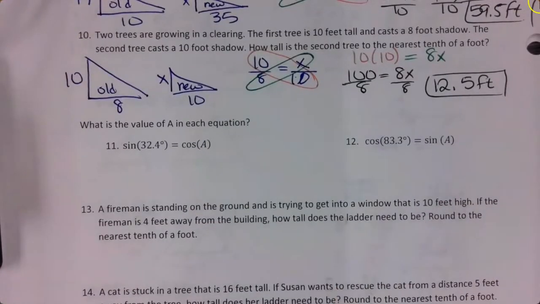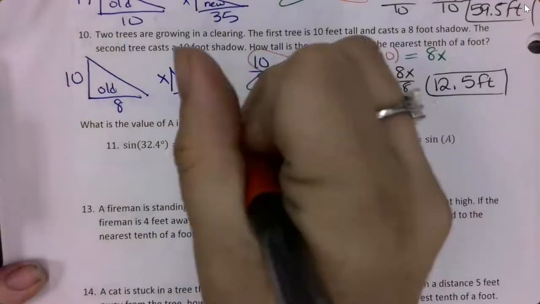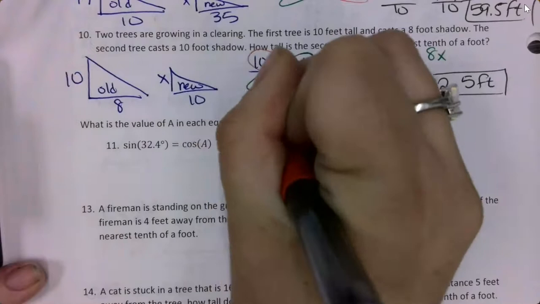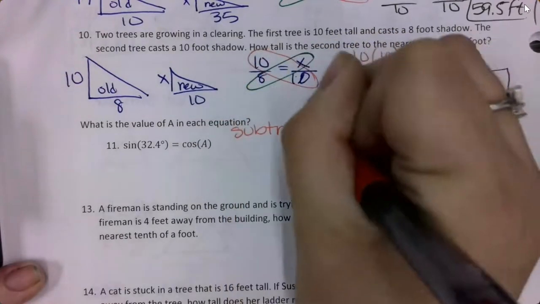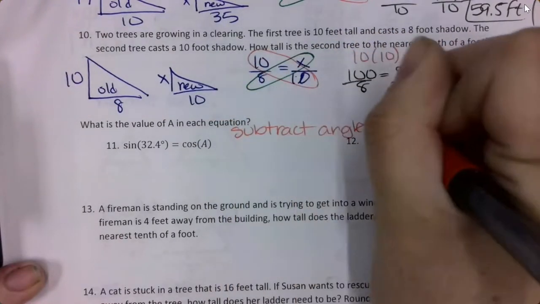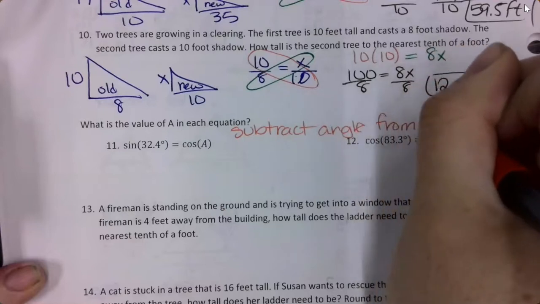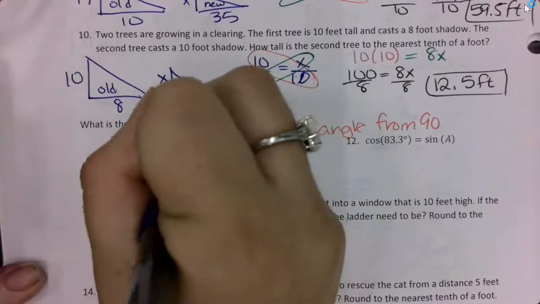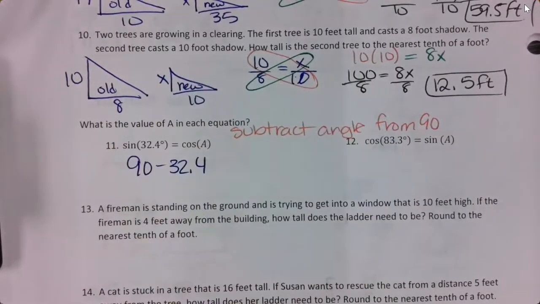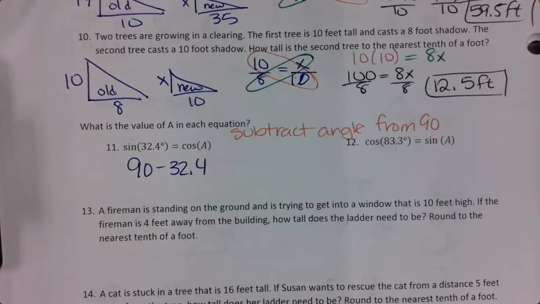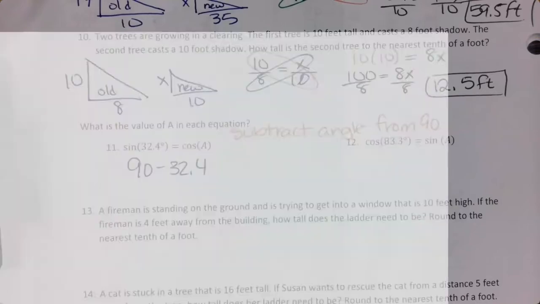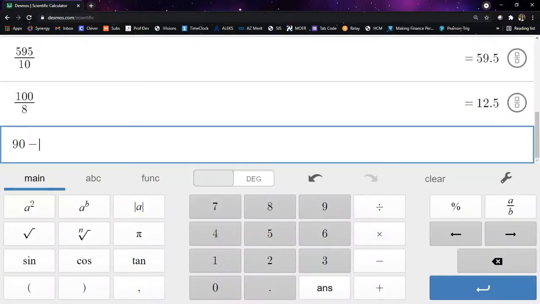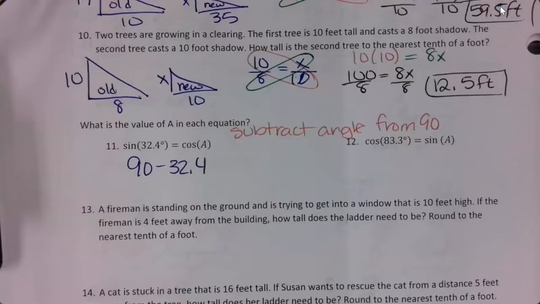Numbers 11 and 12 are asking me the value of a in each equation. What I do is subtract the angle from 90. So on number 11, I'm going to take 90 and subtract 32.4, which gets me 57.6.